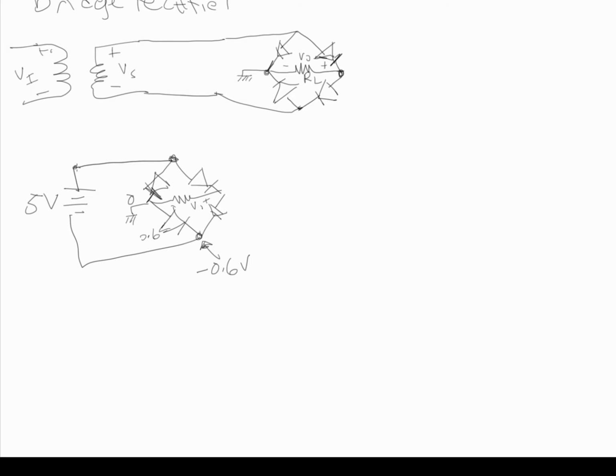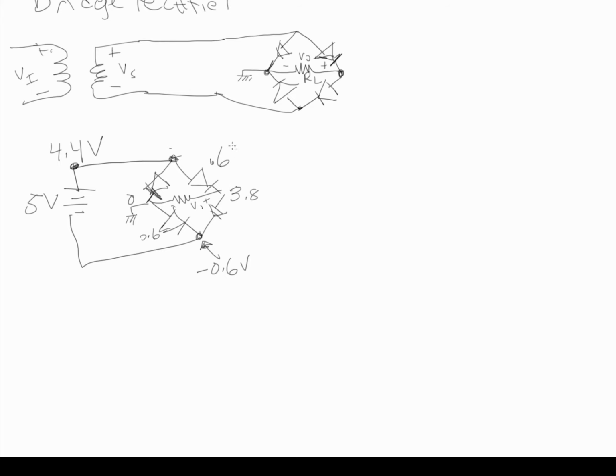That means this point right here is at 4.4 volts, or basically this whole node here. Then if we subtract another 0.6 from 4.4, this is 3.8 volts. I just did this DC to make it a little easier to understand. So we have 4.4 and 3.8.